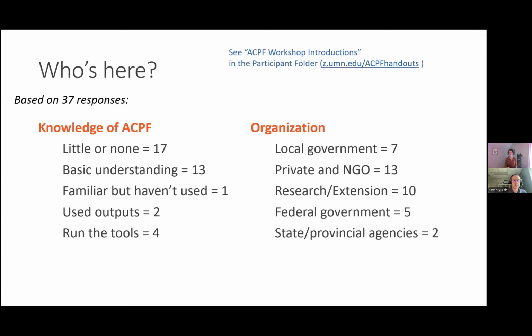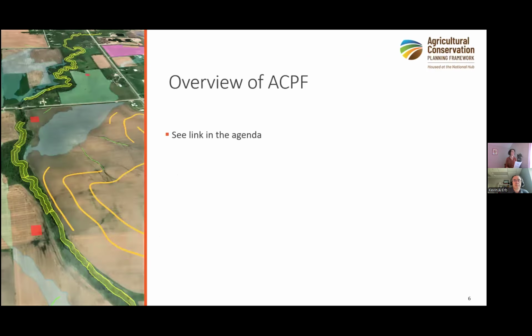So that whole group of people working at local watersheds, that's who we're aiming this at as well. So then we have about 10 research people, a handful of federal government, mostly NRCS, but also USGS and EPA. And then a couple people from state, one from a state agency and one from a provincial agency.